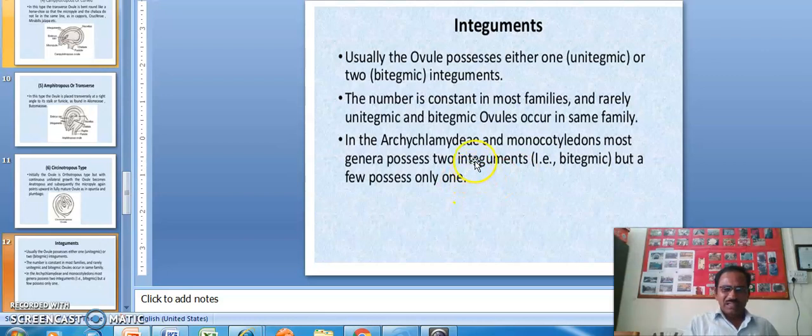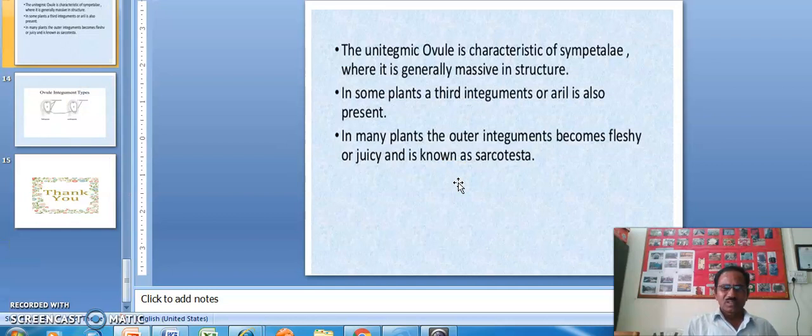In the Archichlamydeae and Monochlamydeae, most genera possess two integuments, that is bitegmic, but a few possess only one. The unitegmic ovule is characteristic of sympetalae, where it is generally massive in structure.